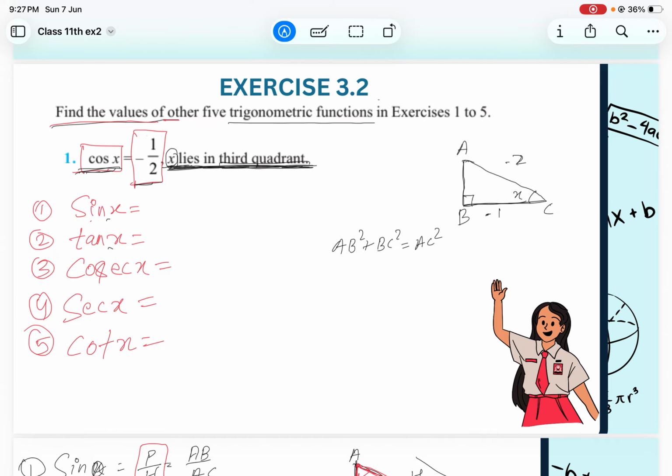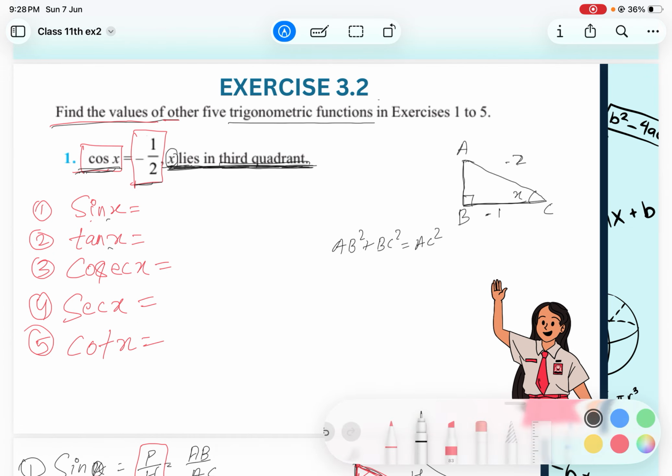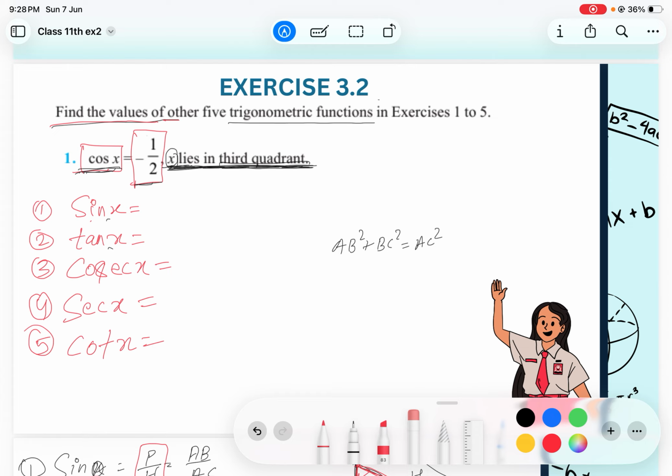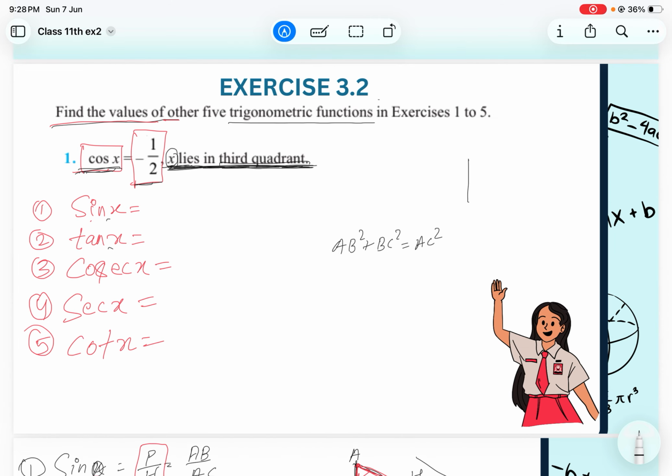Let me remove this. So we have a right angle triangle, and this is the perpendicular.